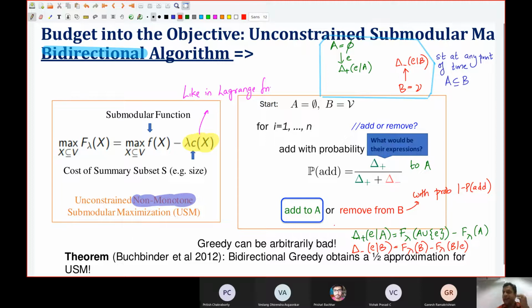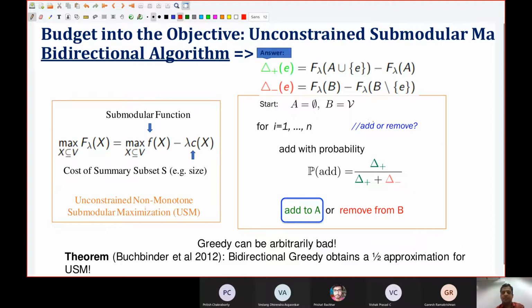If delta plus of E given A is negative, what would you do? Should you even consider adding? So this is pretty much what you said. I've summarized it here. But my next question to you all is, so what? Fine. If both of these are positive, that's okay, and you use them to calibrate your probability of adding.